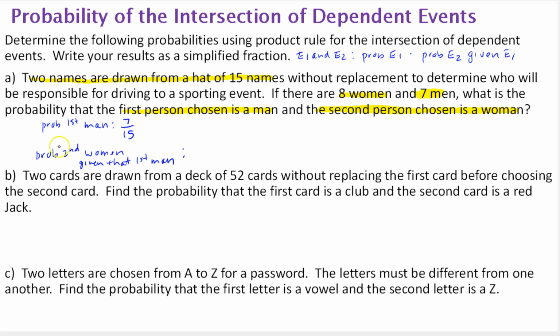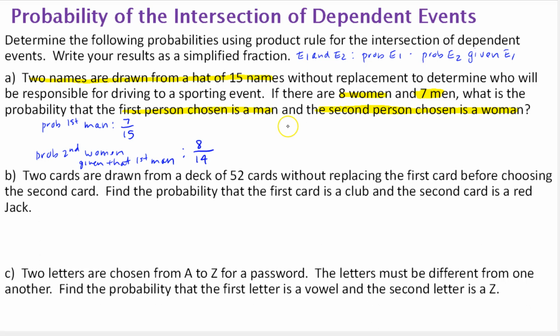Again, this looks a little bit fancy, but all you have to think is, well, we had 15 names in the hat. 1 person was drawn. So now there's 14 names left. So that's our reduced sample space. And we know that first person was a man, so that means there's still 8 women names in the hat. So its second probability is 8 out of 14.